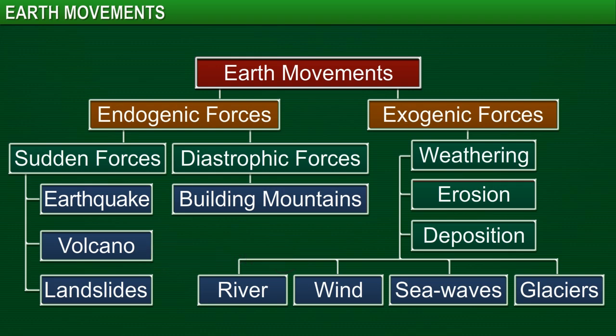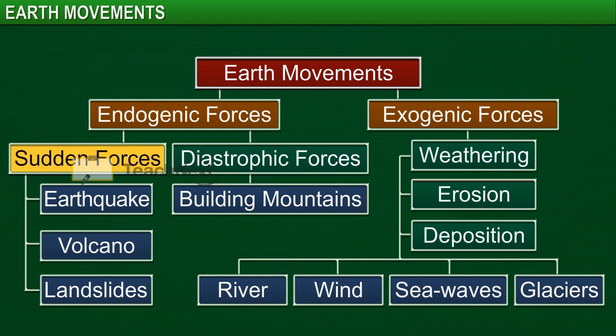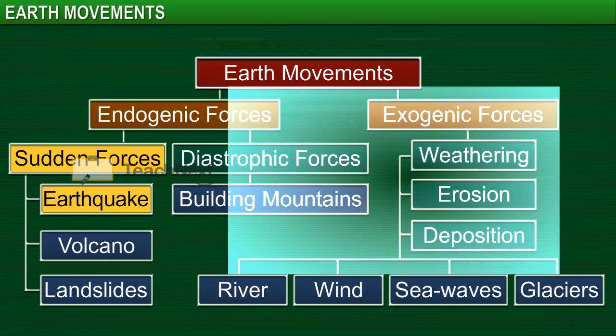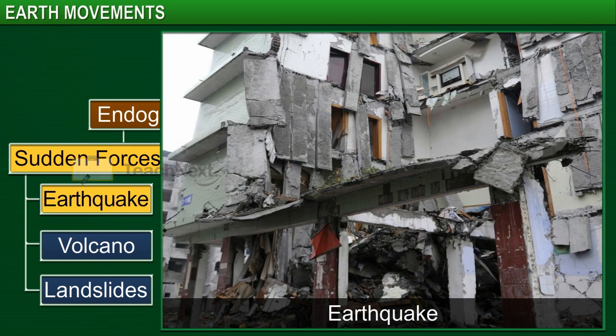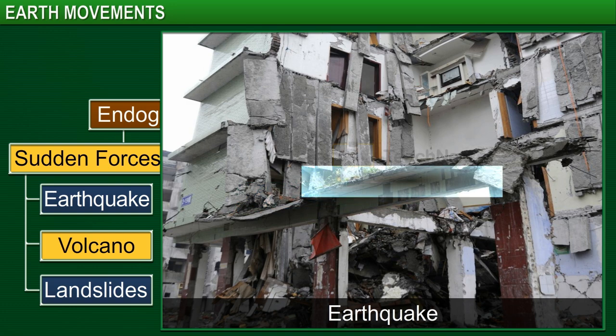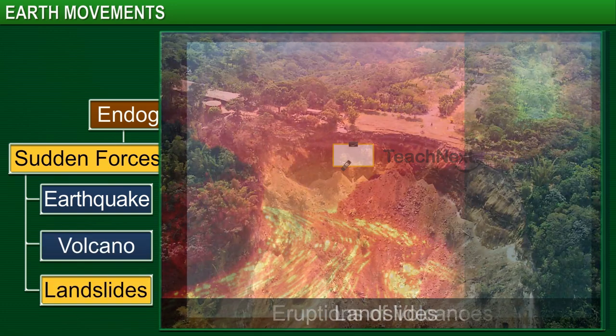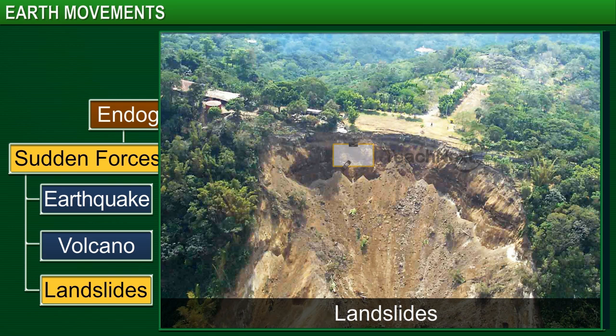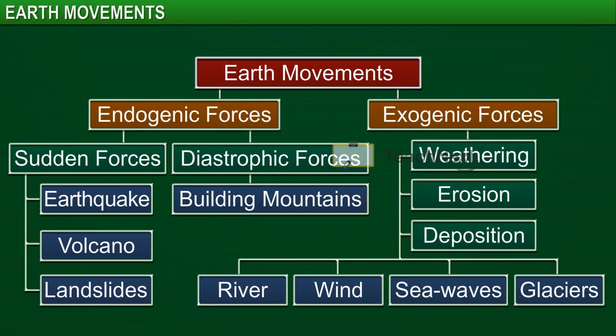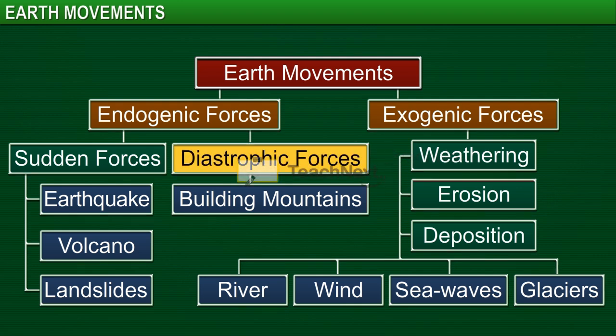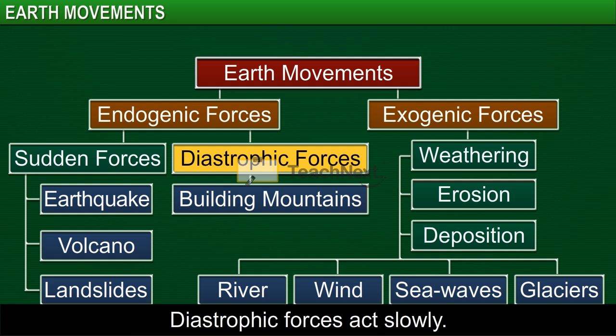These forces can be sudden forces that may result in natural disasters, such as earthquakes, eruptions of volcanoes, and landslides. Endogenic forces can also take the form of diastrophic forces that act slowly over a period of time.